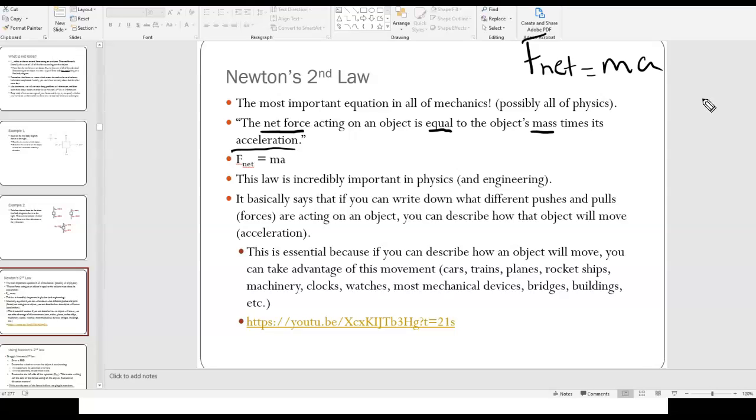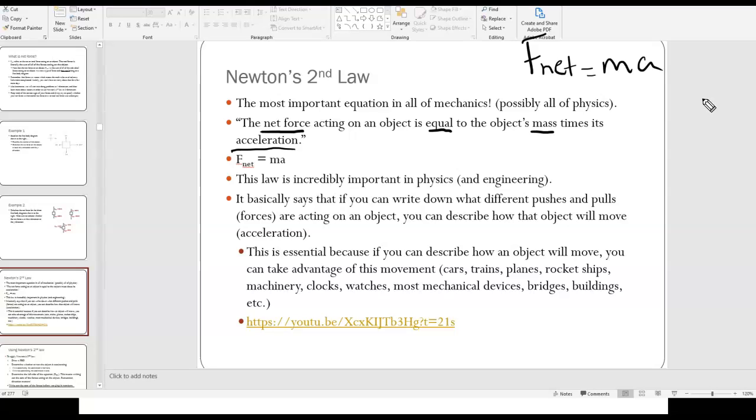Basically what this law says is, if you look at the left side, it is the sum of the forces acting on an object. And the right side has to do with mass and acceleration, which we know what acceleration is from the last couple units. Acceleration is the rate at which your velocity changes over time. And so this is the law that connects dynamics to kinematics. On the left side, you have all the different pushes and pulls acting on an object all combined together, and on the right side you have mass and acceleration.